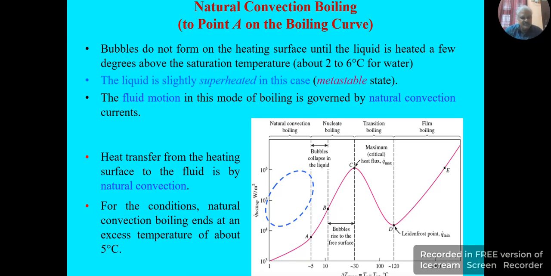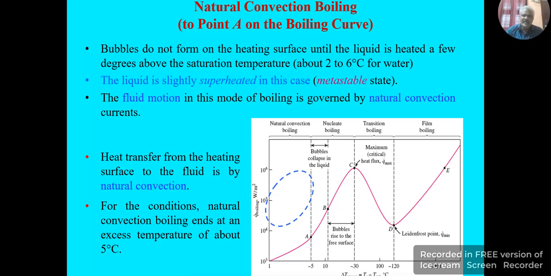So this region is almost called the free convection zone. The excess temperature, that is delta T, T_s minus T_sat, is very small and is almost equal to 5 degrees Celsius. So here the liquid near the surface is slightly superheated, and the convection currents circulate the liquid and evaporation takes place at the liquid surface here.